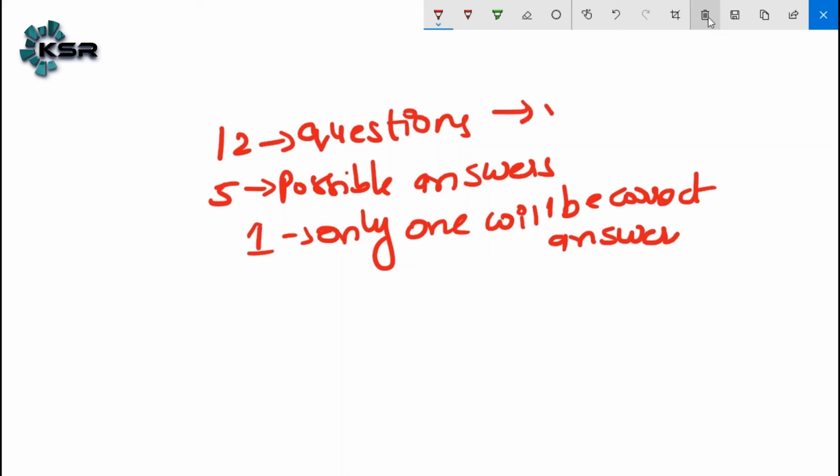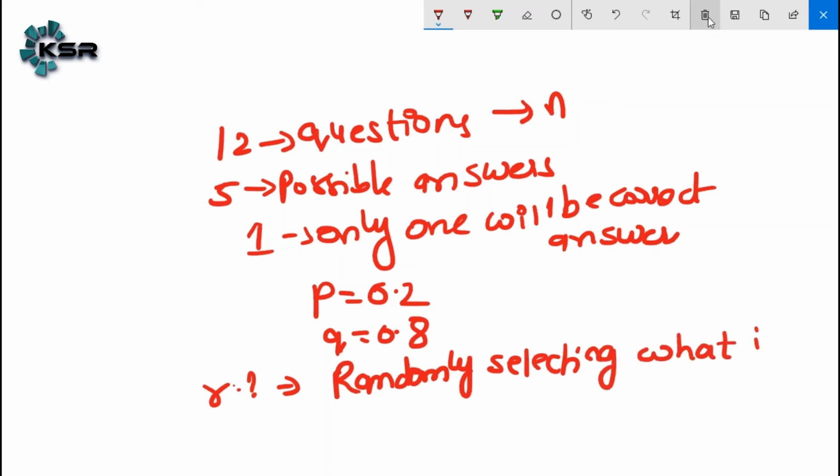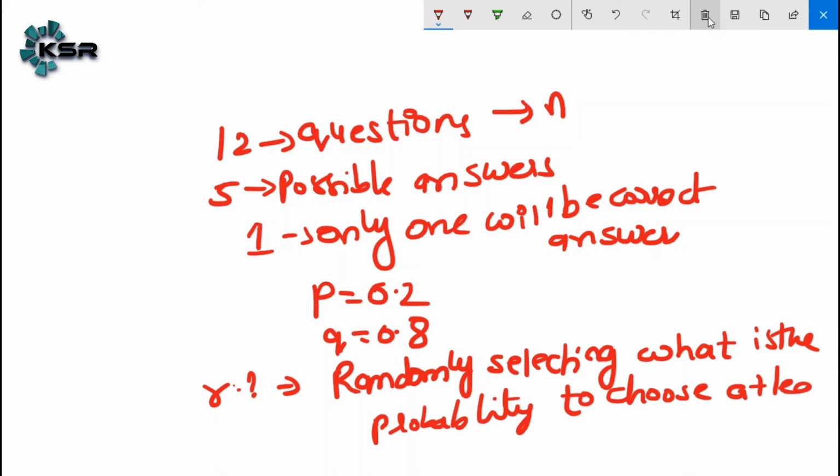So here this is the n, P is 0.2, Q is 0.8. Randomly selecting, what is the probability to choose at least 1 correct answer?